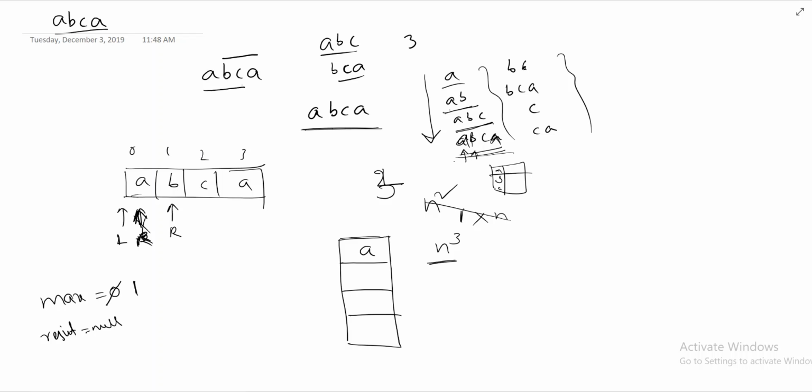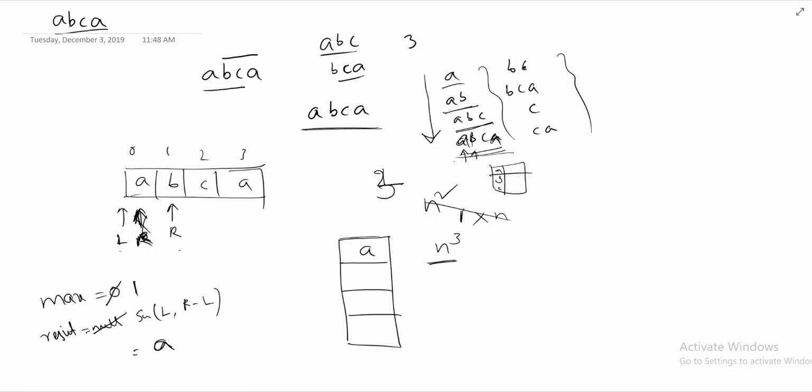And the result will be the substring starting from L with length R minus L, nothing but the max. So initially the result is A. Till this part the distinct one is A.